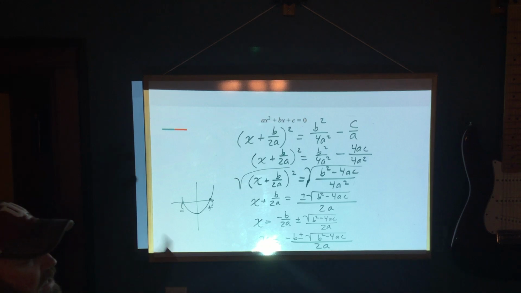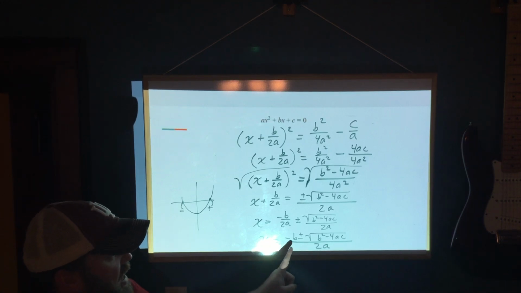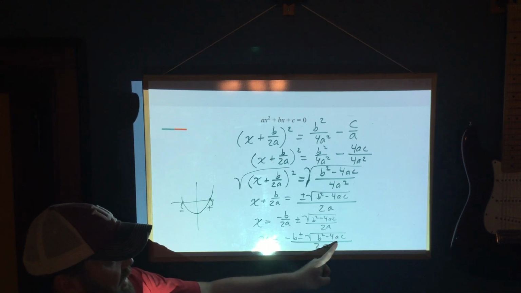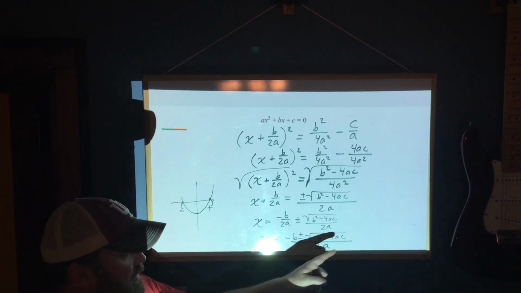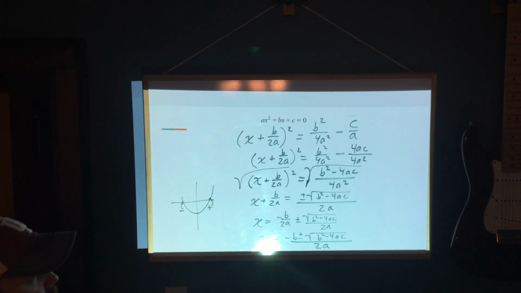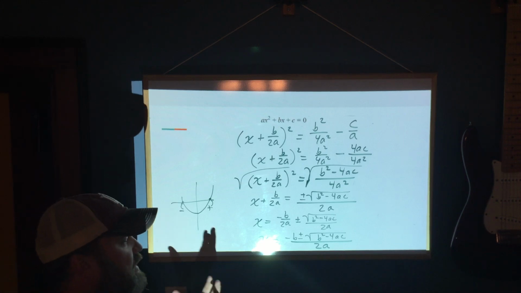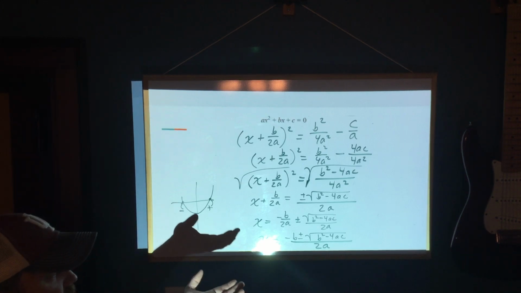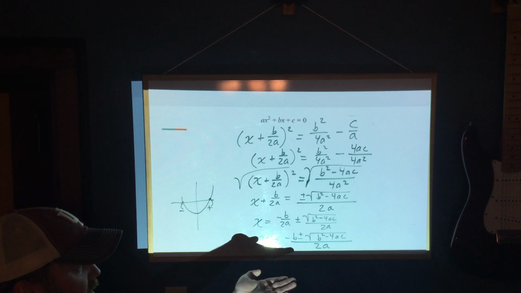You can take any quadratic equation and just substitute in the values for b, a, and c, and you get both solutions to your quadratic equation. You don't have to factor, you don't have to complete the square, nothing. Right? You have to memorize that formula.